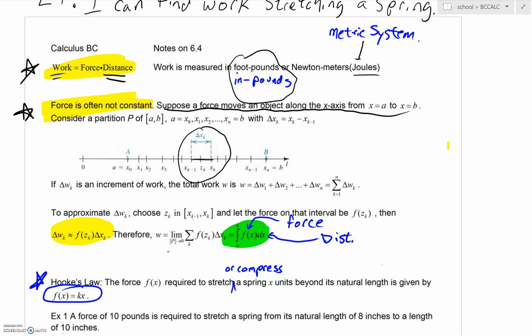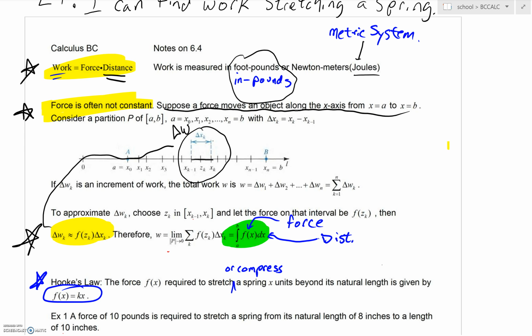And what we could do is find the force like at a z sub k perhaps at this moment. And this is where this next asterisk is going to be coming into play. This is a little increment of work. You can say there's some force that is being applied at a particular distance here at z sub k. But if we were to multiply that over a very tiny little distance, then we'd be able to calculate the work done on this distance of delta x sub k.